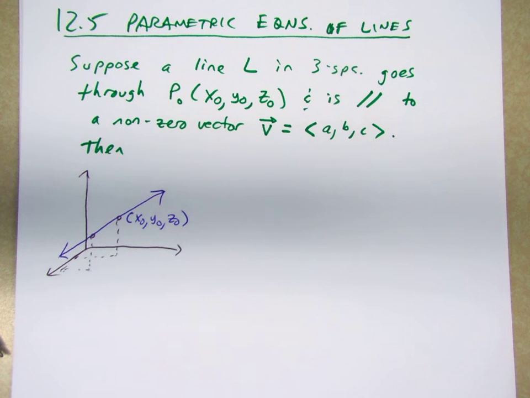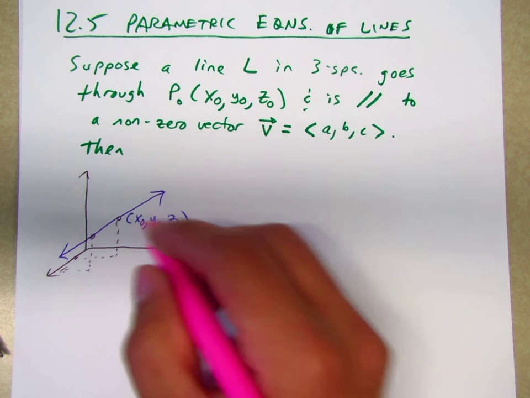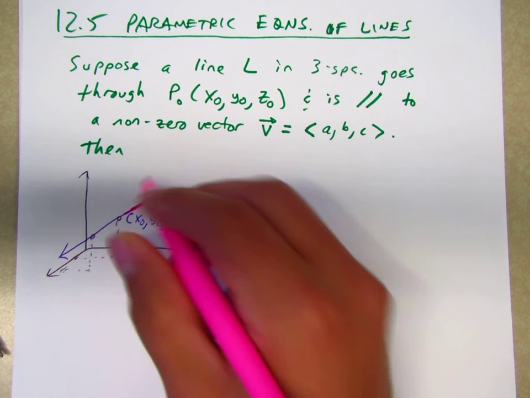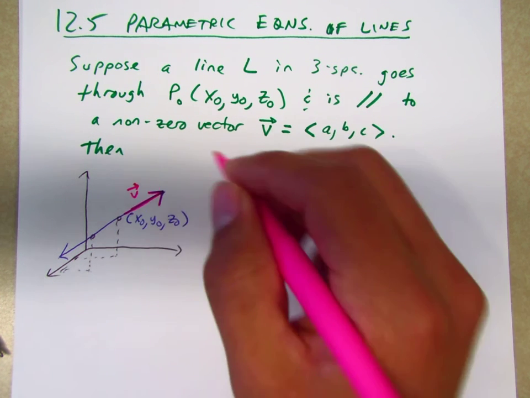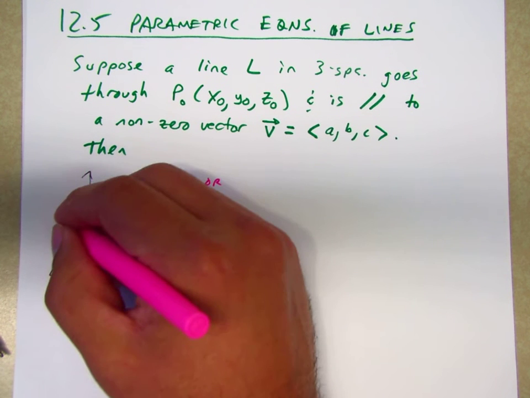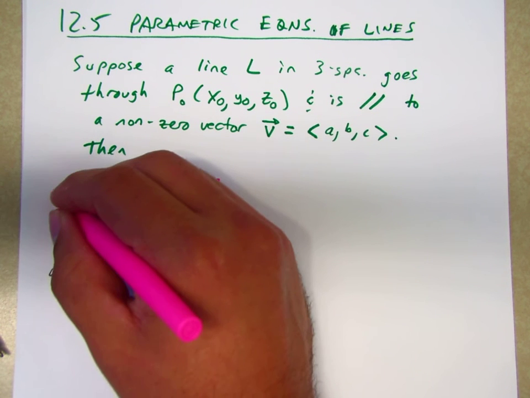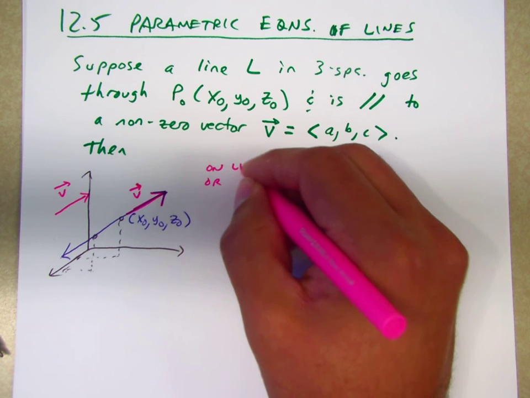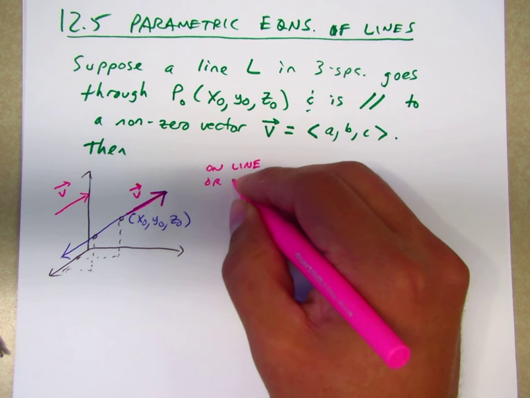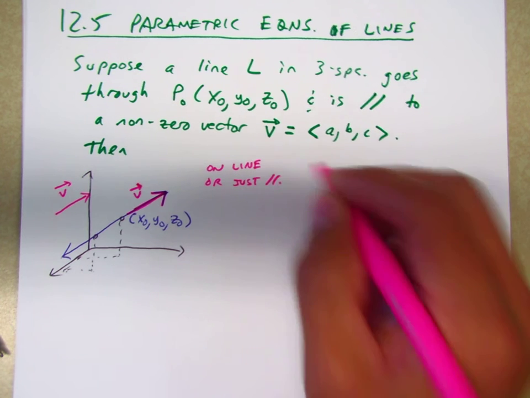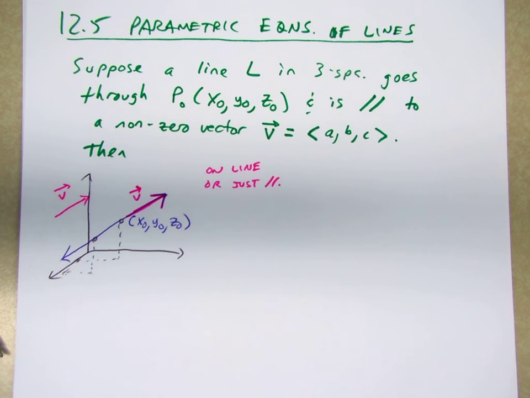And there is a vector v that is either on the line, because that would be parallel, or just somewhere else. Maybe v is out here somewhere. So it's either on the line or just what we would normally think of as parallel. But by default, if the vector is on the line, then that vector will be parallel to it as well.